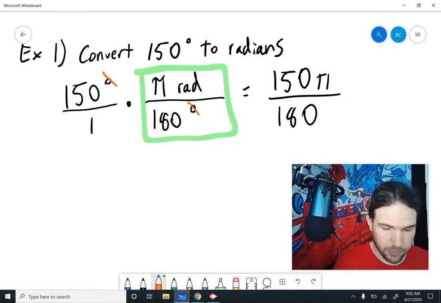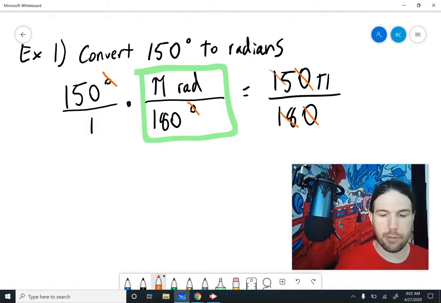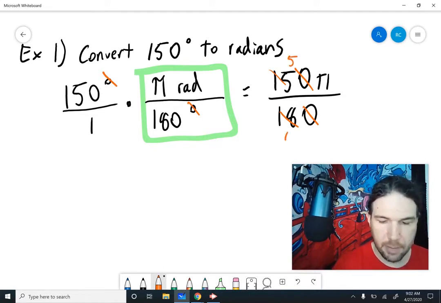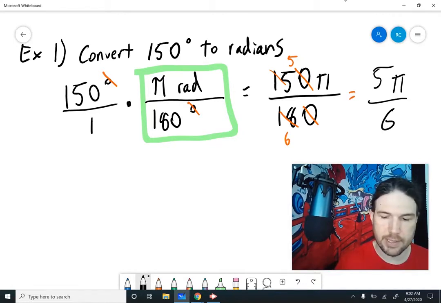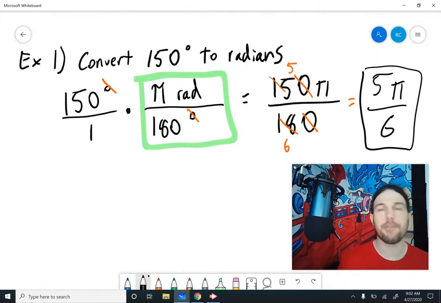Okay, well, those are both divisible by 10, so I get 15 pi over 18. 15 and 18 are both divisible by 3, so I get 15 divided by 3 is 5, and 18 divided by 3 is 6, so I get 5 pi over 6 as my final answer. 150 degrees is equivalent to 5 pi over 6 radians. Again, I know it seems weird to get pi involved, but once you start solving for arc length, the pi's tend to cancel out. Not always, but they tend to cancel out.